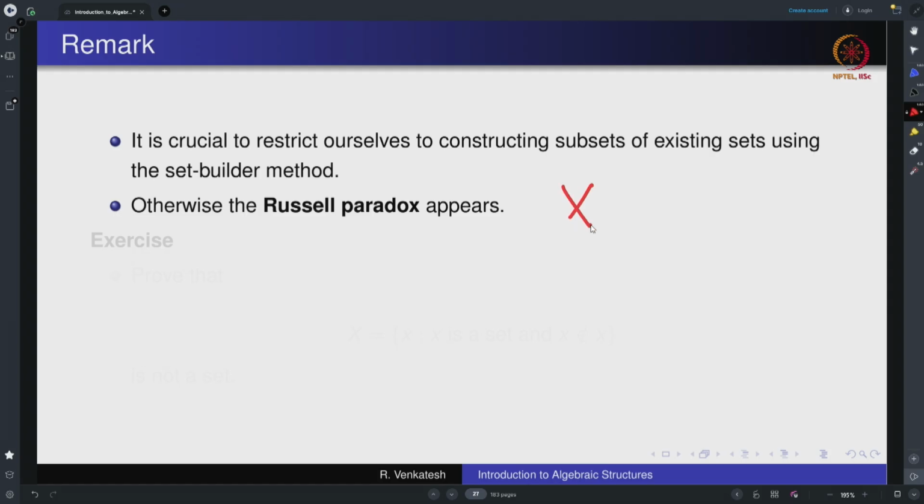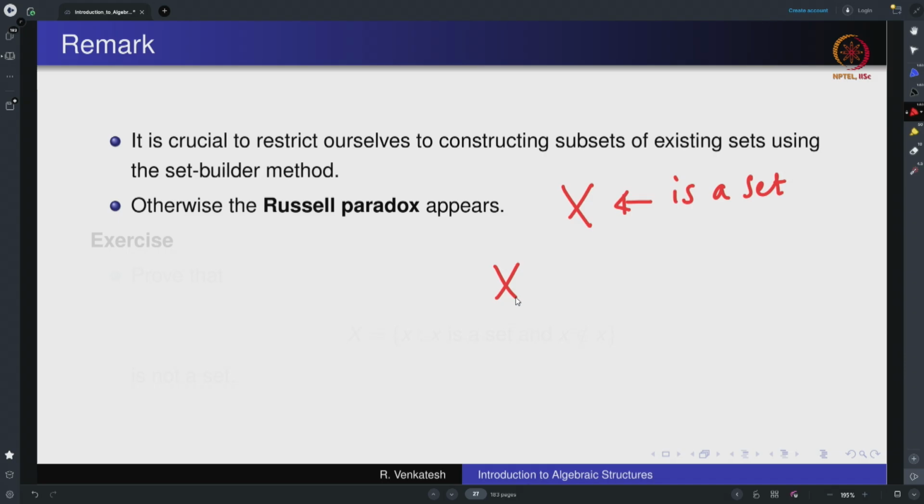Suppose X is a set. Then, since X is a set, one can ask whether X belongs to the collection capital X. We should be able to decide whether a given element is part of the set or not.